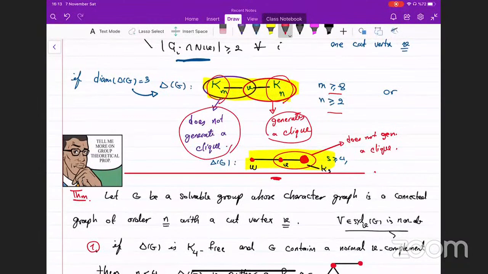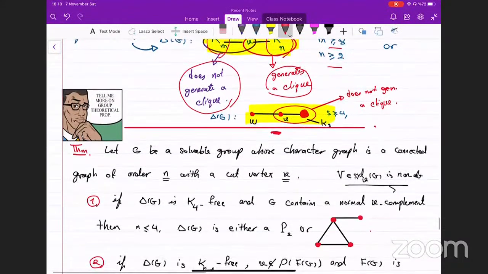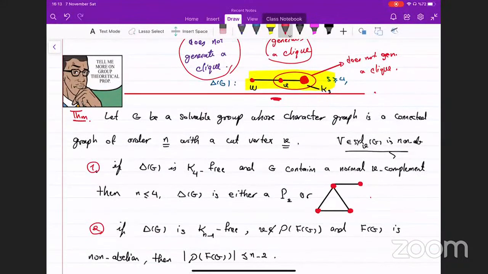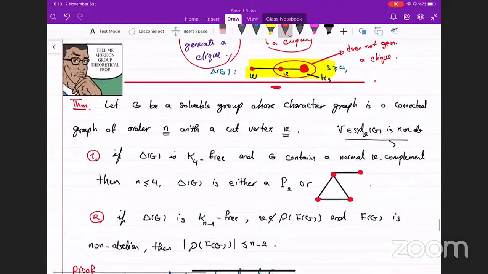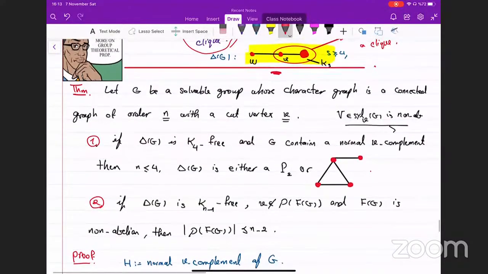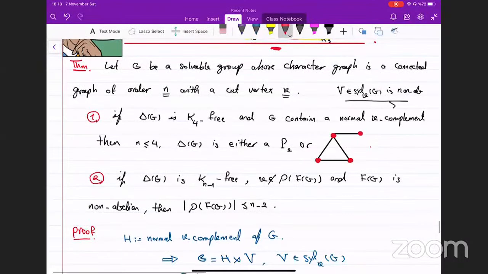Now, this was somehow, okay, of course we use some group theoretical properties there, but we didn't see something like group theory here. So consider the case that you have a solvable group. Again, character degree graph is connected, and it has order n. It means we have n vertices, and we have a cut vertex V. Okay, and suppose that the Sylow subgroup with respect to this cut vertex is non-abelian.